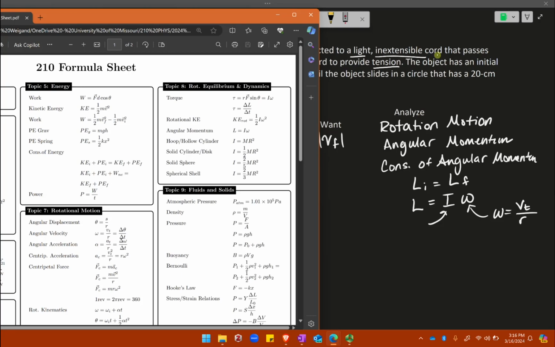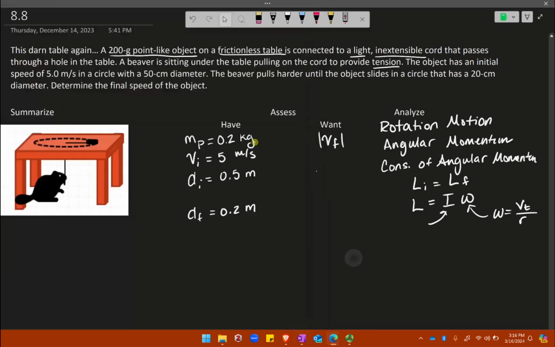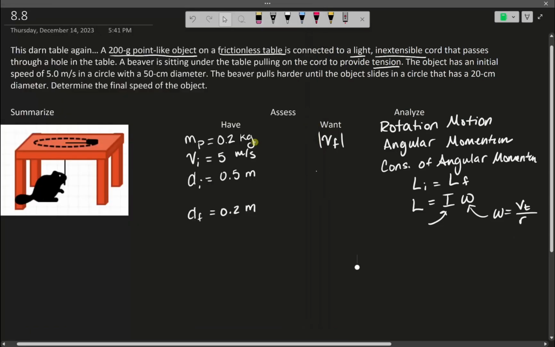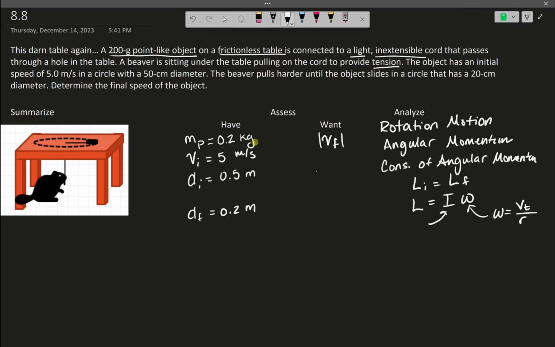So I'm going to use the moment of inertia for a hoop, right? Because it's moving in this circular motion, it's drawing out the line of a hoop. I think that I can use my moment of inertia for a hoop in this problem.